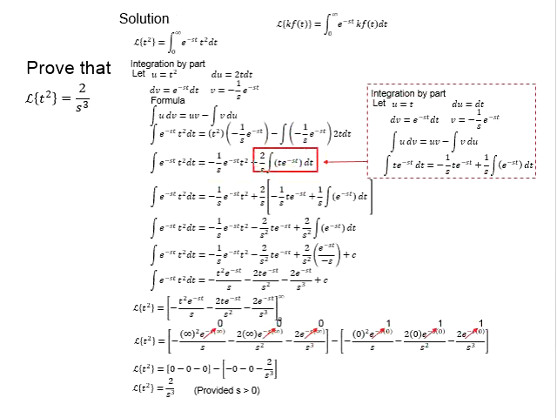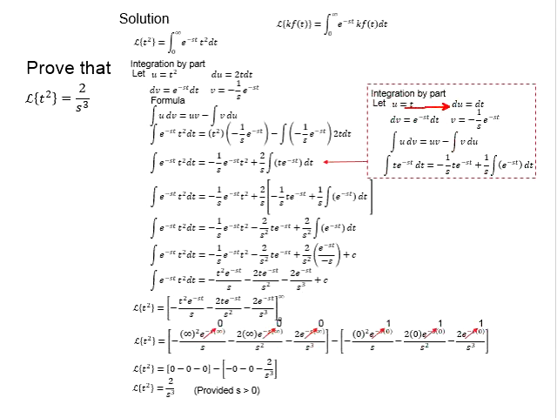There will be another layer of integration, and this integration involves multiplication of two functions of t. You will need to do integration by parts again in order to integrate this. Let u equals t, and the remaining will be the dv.